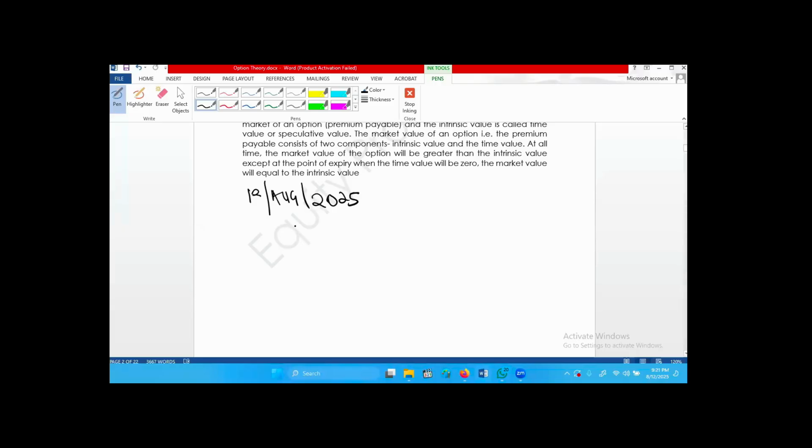You obtain a right to buy First Bank shares at a price agreed today, assuming the price is 100 naira per share. You have agreed to buy First Bank shares at 100 naira at a future specified date.